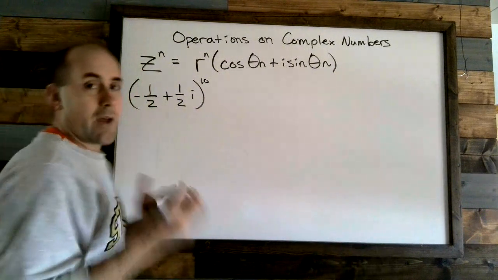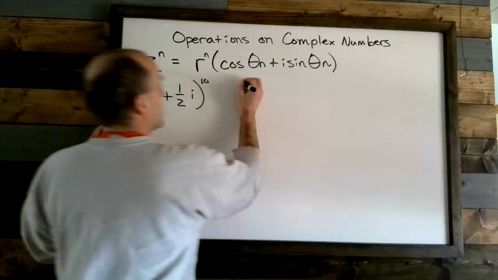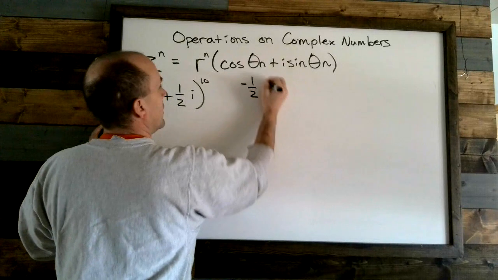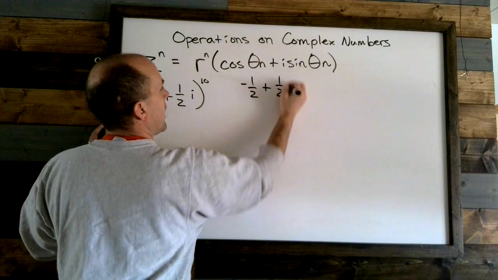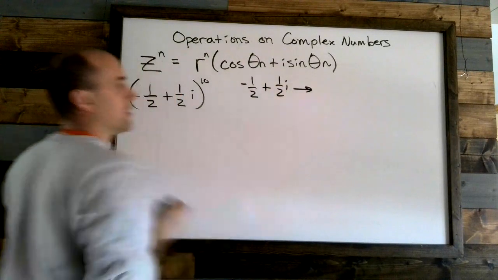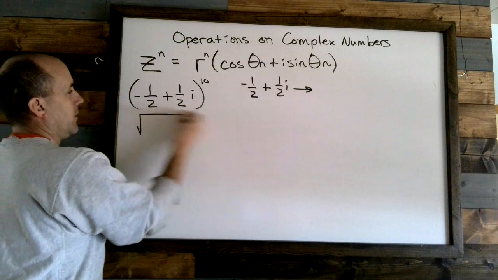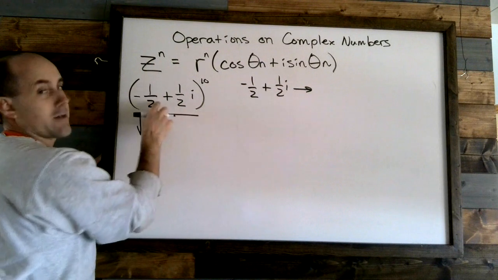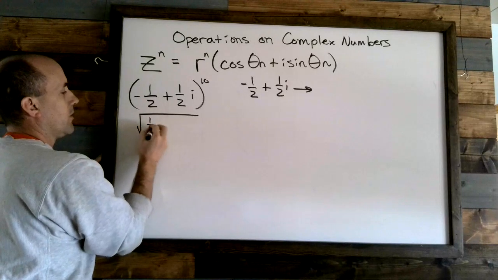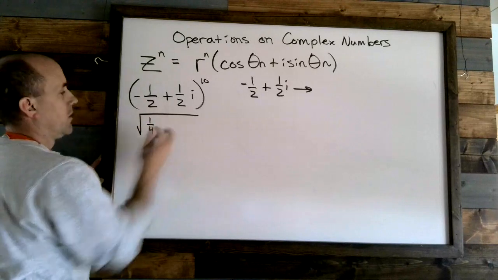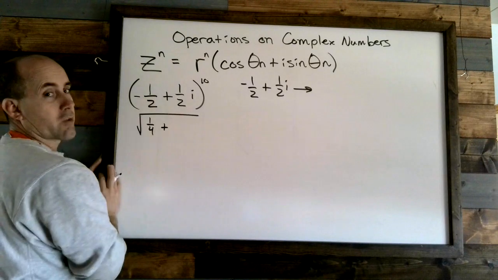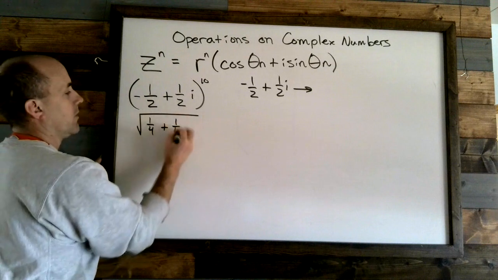First thing we have to do is put it into trigonometric form. So -1/2 plus 1/2 I, we're going to put that into trigonometric form. So I have the square root of -1/2 squared is a 4th, 1/2 squared is a 4th.